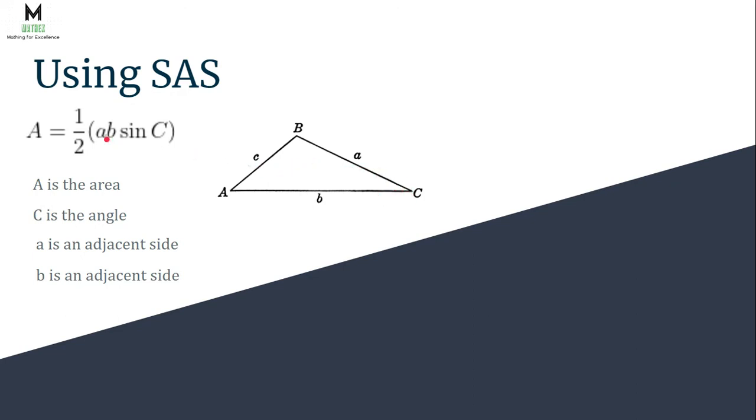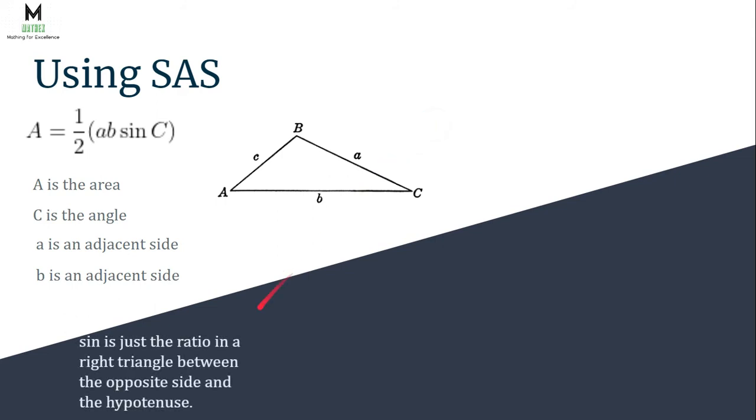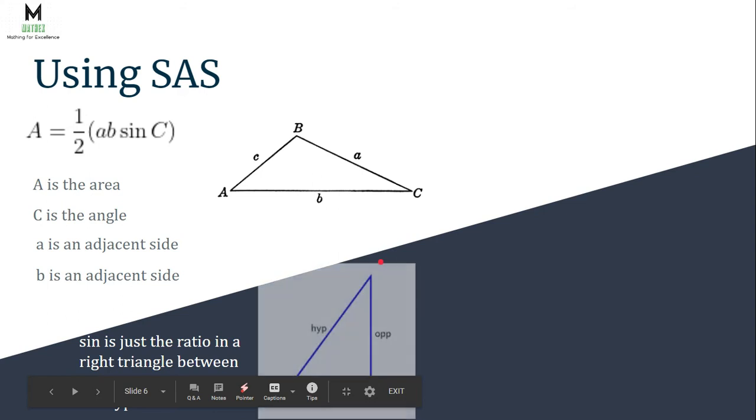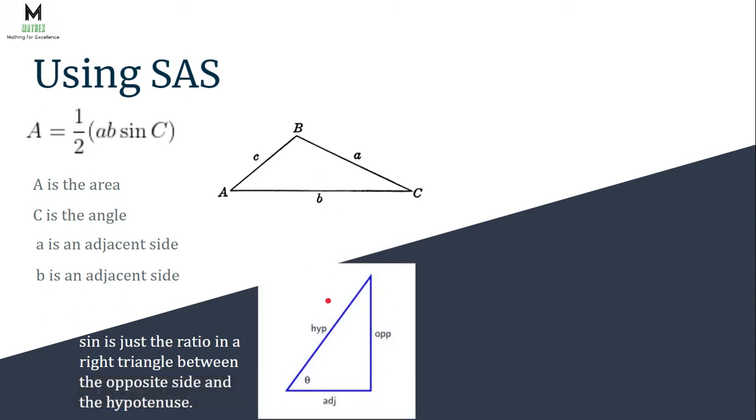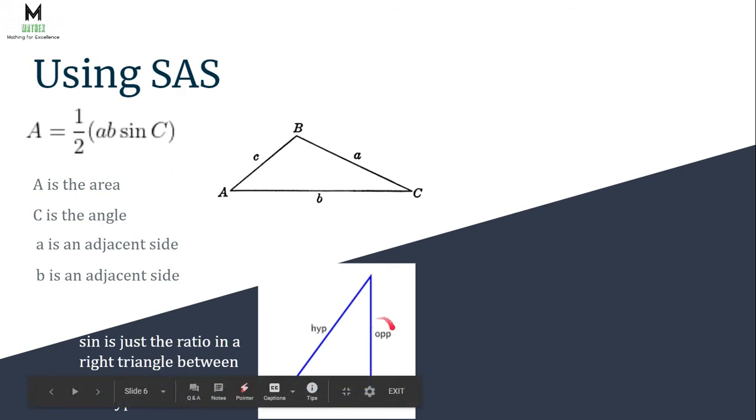But I haven't really discussed what sine even means. For those of you who do not know basic trig, sine is just the ratio in a right triangle between the opposite side and the hypotenuse. So the sine of theta of the angle shown below would be this opposite side divided by this hypotenuse.